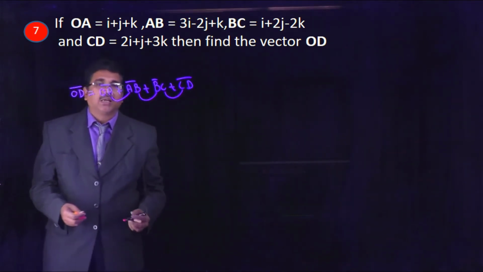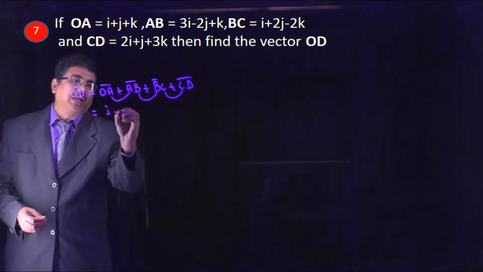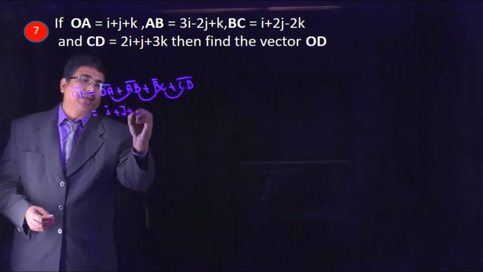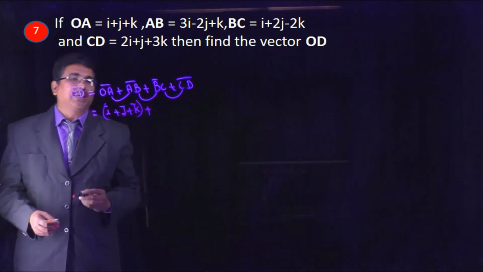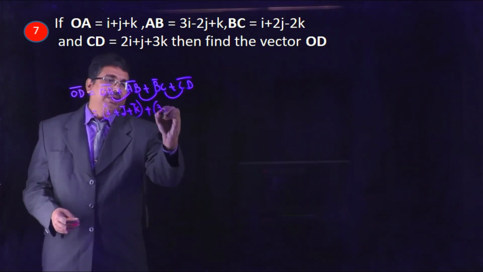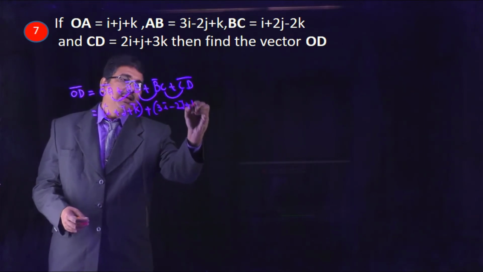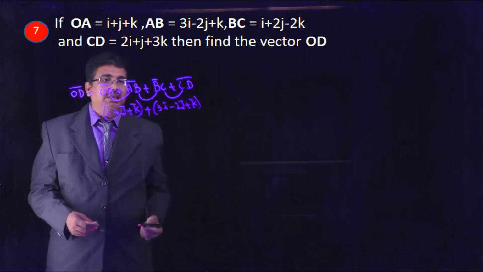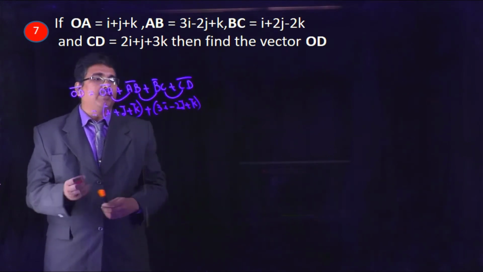Now OA bar is I bar plus J bar plus K bar, plus AB bar, 3I bar minus 2J bar plus K bar. Now what is BC bar?